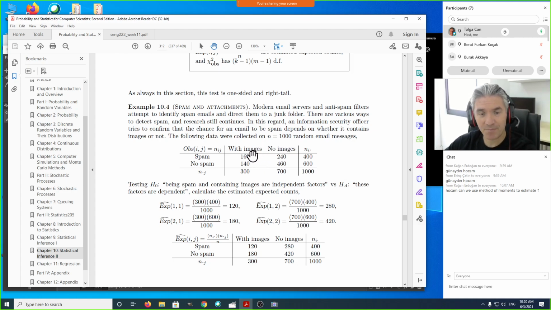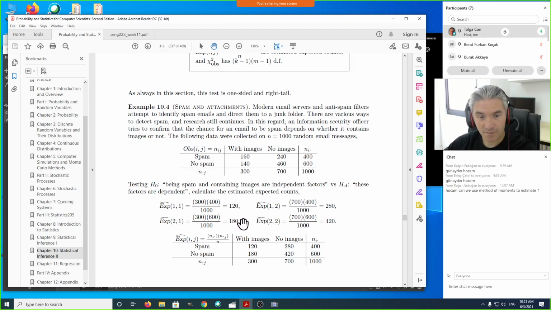If we had collected data showing how many images an email contained, 0, 1, 2, 3, then we would have more table cells. The total number of chi-square bins is 4 in this case, but we cannot do better than this. We will have to live with 4 chi-square bins because both of these variables are just binary: image or no image, spam or no spam.